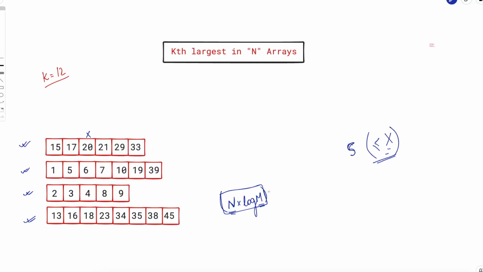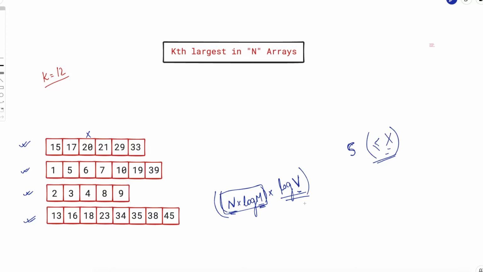And as we discussed, in just log v time, where v is the value or the range of x, you can converge the binary search itself. So overall your complexity would be n log m log v, where n is the number of arrays, m is the number of elements in these arrays, and v is the maximum value of the kth smallest element.